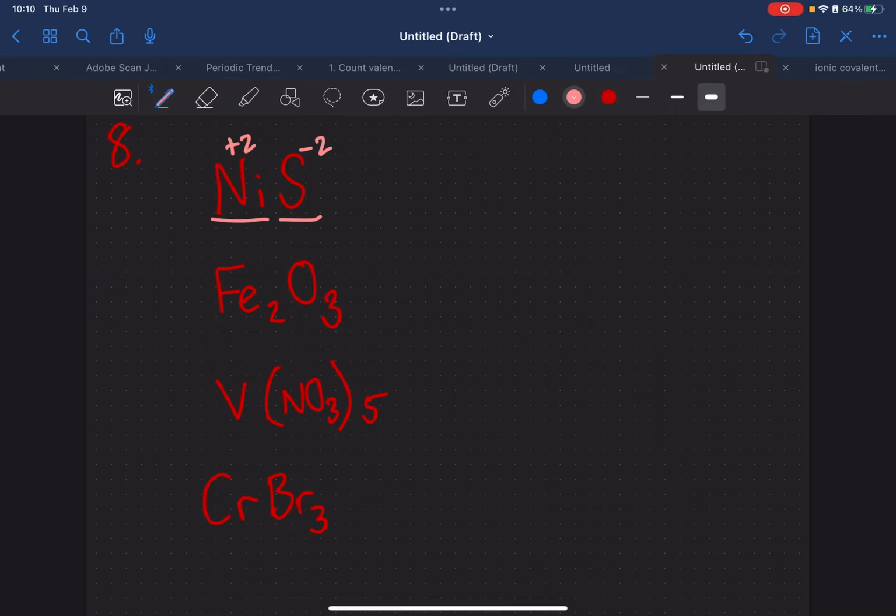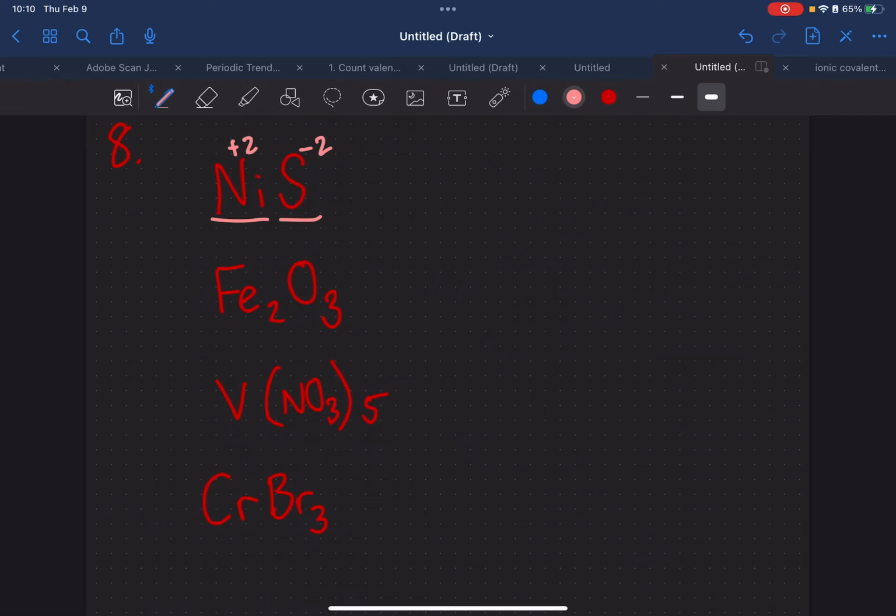If you're wondering how I knew that, it's because how many nickel ions do I have in this formula? I'm telling you that this is the correct formula, with no subscripts or anything. So if there's only 1 nickel, and I know that it must be balancing out with my sulfide, because that's the rule, all of my ionic compounds, the charges should be adding up to 0. It must have a +2 charge.